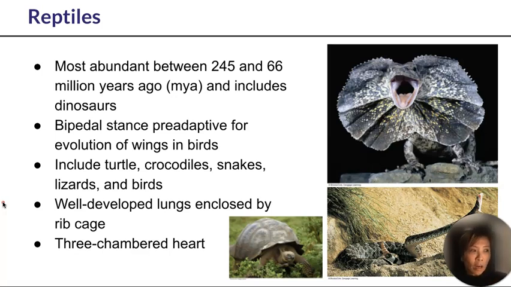And reptiles are also ectothermic. So that means that the temperature in their body will match the outside. To be able to regulate temperature, they have to move to either warmer or cooler areas, depending on the environment that they're currently in.